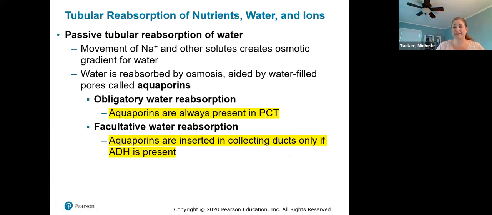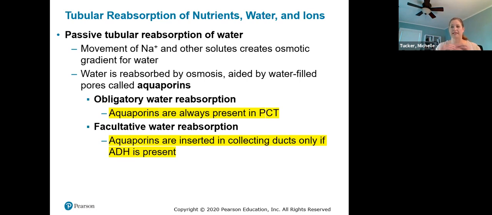The two main things that need to be reabsorbed are sodium and water. Without those, we cannot maintain extracellular fluid volume. So we've talked about sodium, active transport, then the facilitated diffusion gradient, co-transporting other molecules with it. For reabsorbing water, water can go through two pathways.